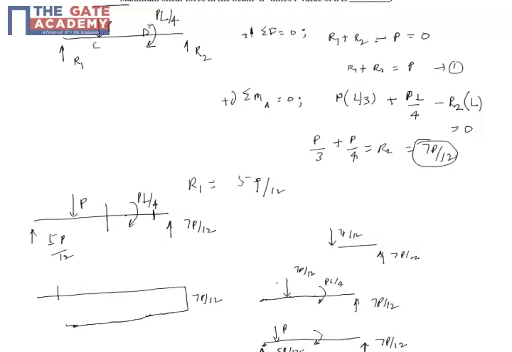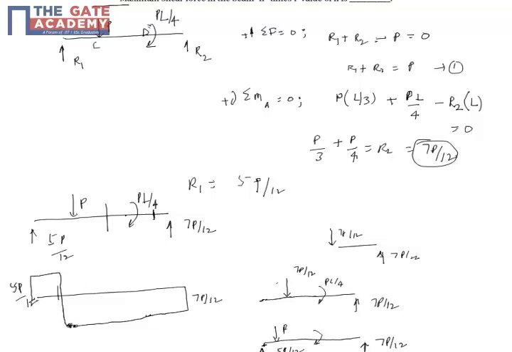This is 5P by 12 until the point of the reaction. So just to the right of load P, the shear force is 7P by 12, and just to the left of P, the shear force is 5P by 12.